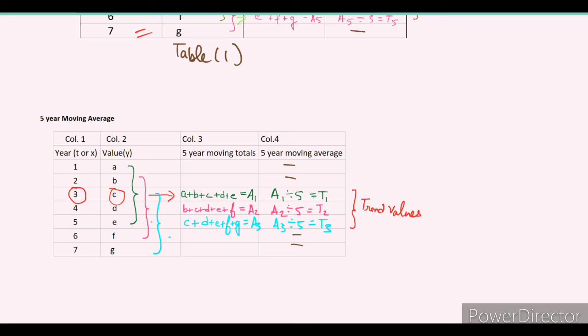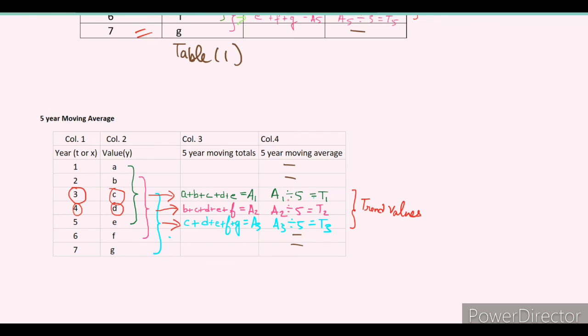Then we move to the next subset of 5 years, which is 2, 3, 4, 5, 6, with values B, C, D, E, F, and we place the sum against the middle year, which is 4, with middle value D. Then for the next subset of 5 years, the middle year is 5, so the value is placed there.